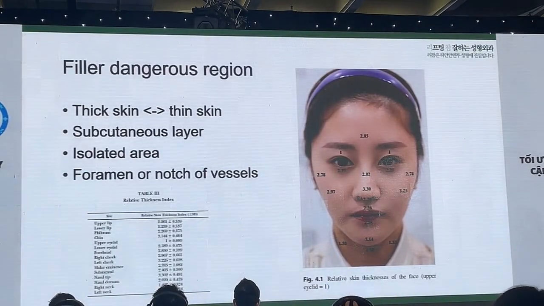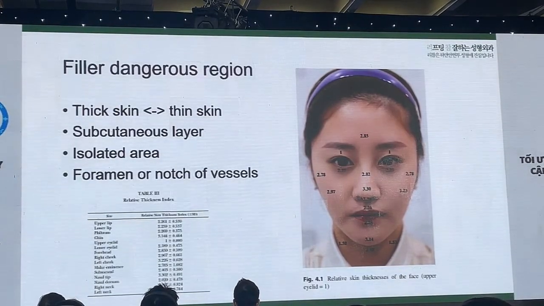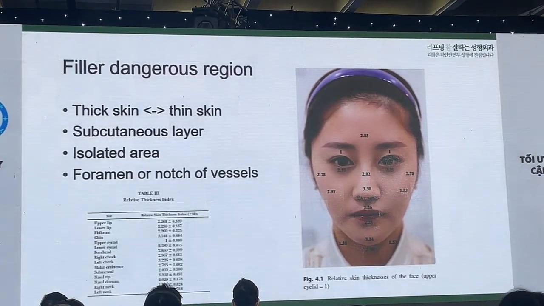When filler is injected into thick skin, internal pressure rises, so we must be extremely cautious in this region. If we set the upper eyelid thickness as 1, then areas such as the glabella, nasal tip, and chin have a relatively thick skin, and thus are high risk zones.